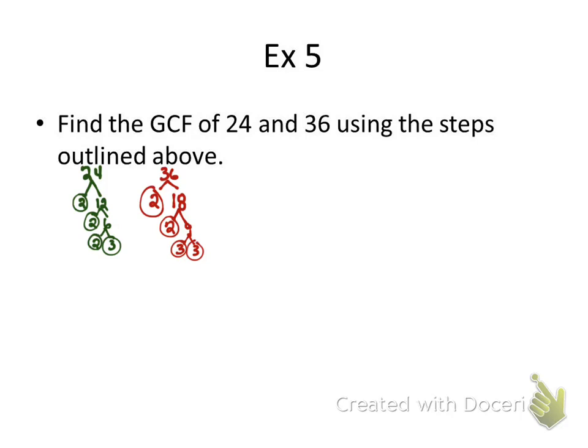So, okay. What you have done on your notes here is write the prime factors of each number by making a factor tree. So now we're going to make a list. I'm going to write 24 equals, and I'm going to write 36 equals. I'm going to write all of my prime factors that I circled. Remember, I'm going to write them in order from least to greatest right next to 24.